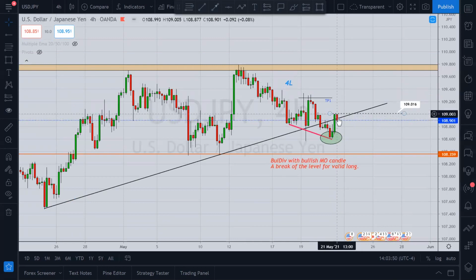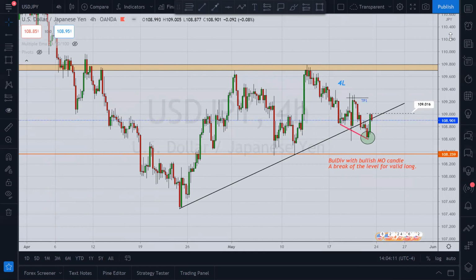Now we went into a little drawdown if you were to enter there, but I think as long as your stop loss is below 108.35, below the structure here, your stop loss is going to be safe.